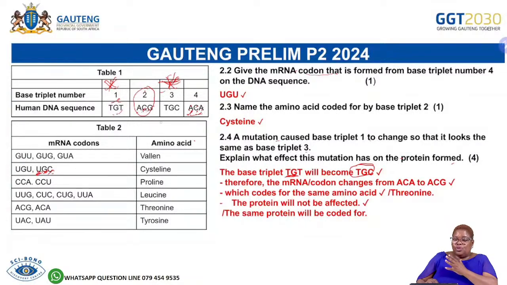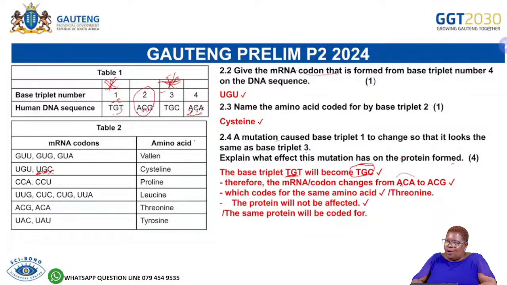So for them to look the same, look at how you need to approach that question. So the base triplet TGT, which is 1, will become TGC, which is 3.